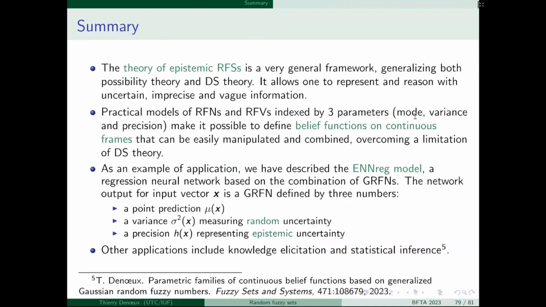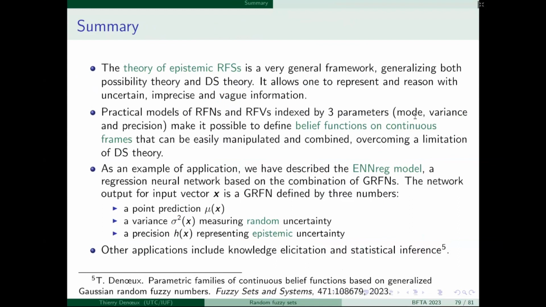I could argue, but not now because time is up, that statistical evidence is also well represented by possibility distributions. And when you do prediction, you use statistical evidence, which is a possibility, plus some random element, and you get a random fuzzy set.